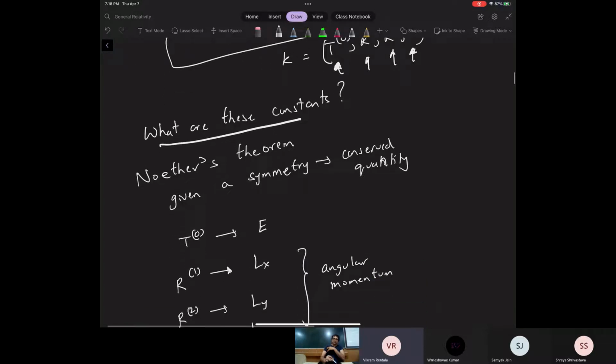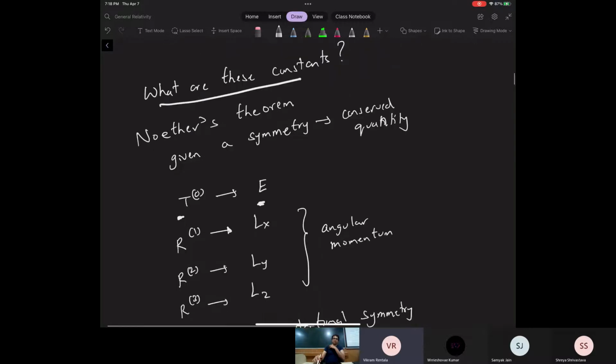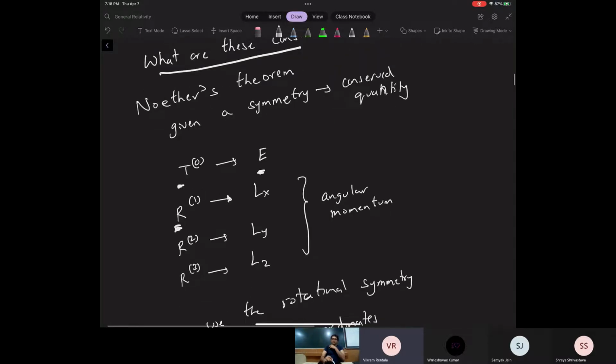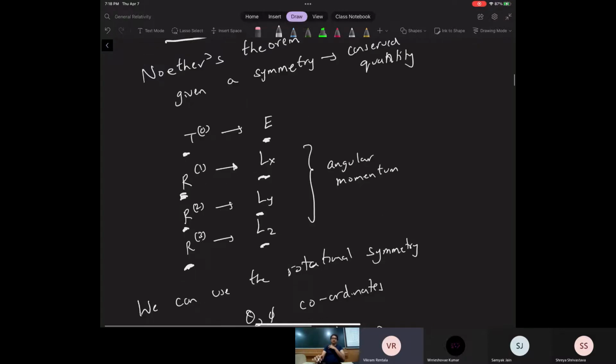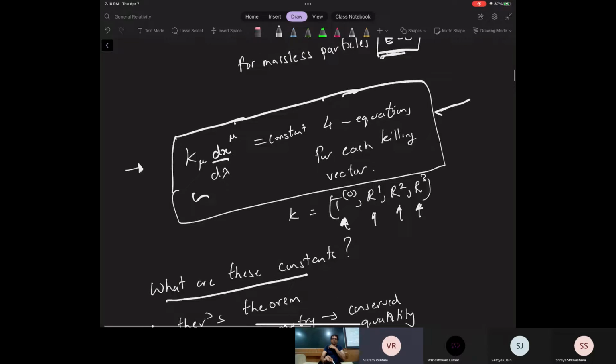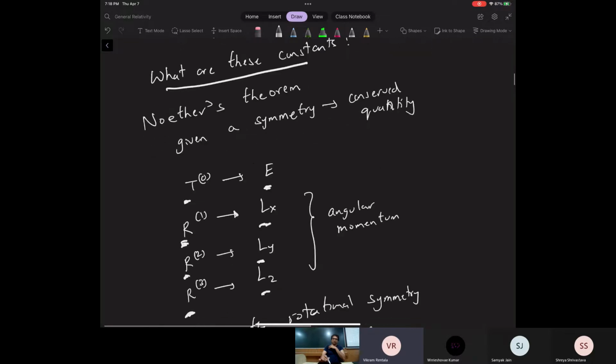Time translation invariance is usually associated with energy conservation. Rotational symmetry about the x-axis is associated with angular momentum about the x-axis being conserved. Rotational symmetry about the y-axis is associated with the y component of angular momentum being conserved. Rotational symmetry about the z-axis is associated with the z component of angular momentum being conserved. So these conserved quantities should have the interpretation of being energy, Lx, Ly, and Lz, maybe up to some constant.